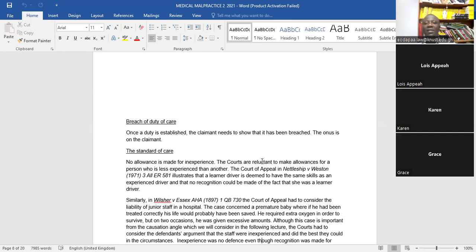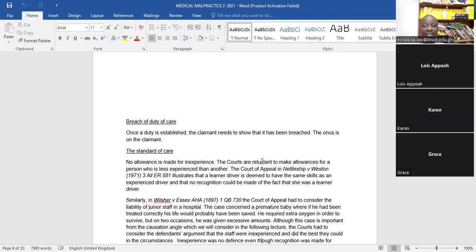Good. But how can the breach of the duty of care be established? To establish the breach of the duty of care, we need to first have what we call the standard of care. Because anytime you are saying that someone's action or someone's omission fell short of a particular care expected of him, that in itself presupposes that there's a certain standard, right?